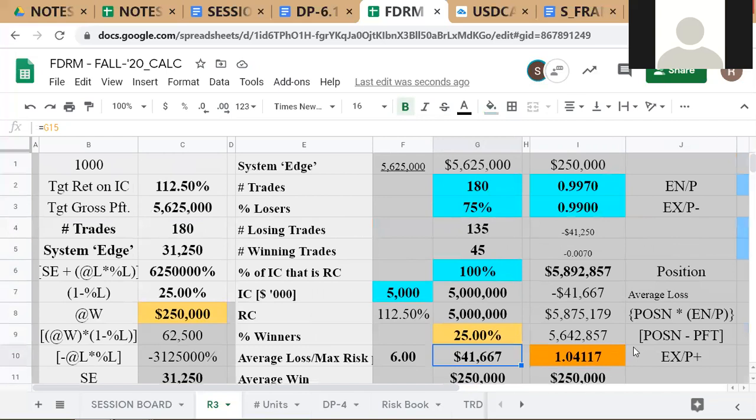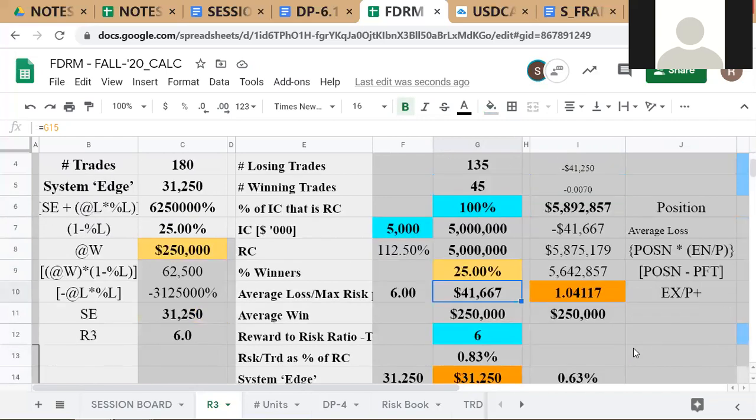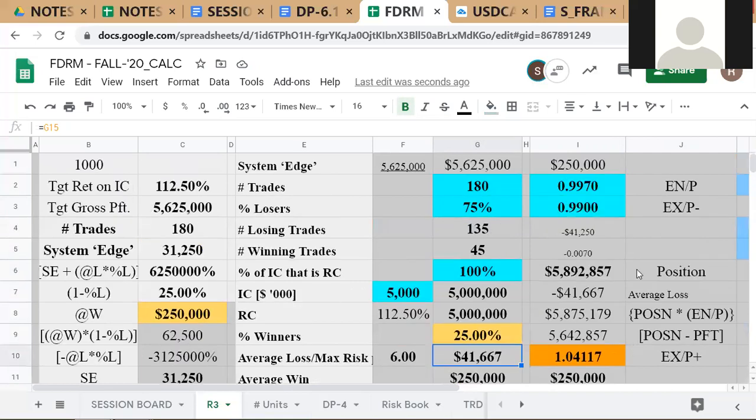And then as a function of that, if you remember the formula that we used to calculate the position size, you'll see here that this is the position size for this particular trade which we are planning to do, 99.70 entry, exit on loss at 99. So you notice this is this by this.